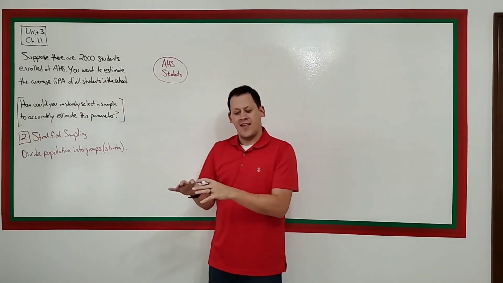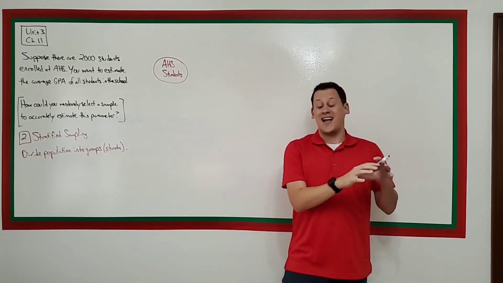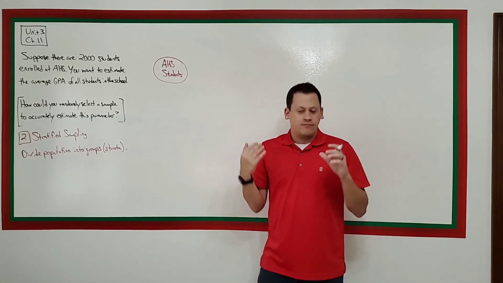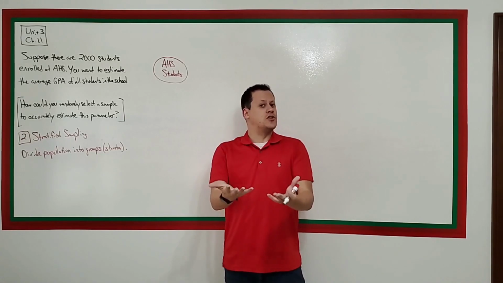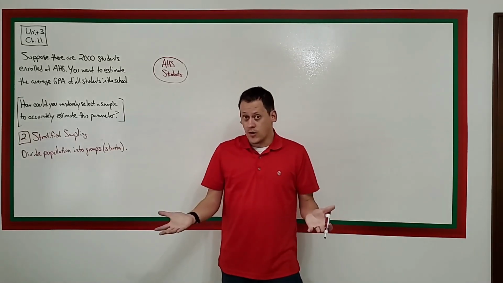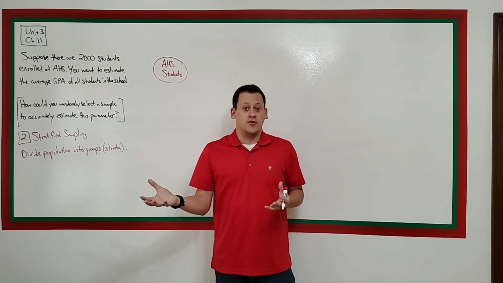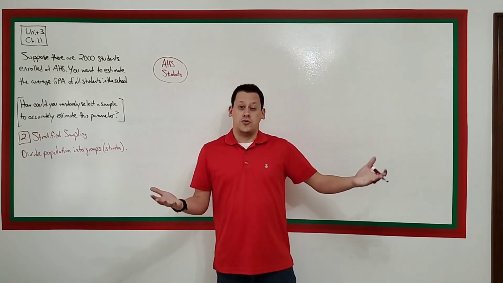So freshmen have an average GPA, sophomores have theirs, juniors have theirs, seniors have theirs. I think they're different across the classes for several reasons, one of which being the higher up you go, the more opportunity you have to take weighted courses, dual credit, AP, all that stuff. Freshmen don't have that opportunity, so maybe their GPAs are going to be lower on average than a junior's or a senior's.